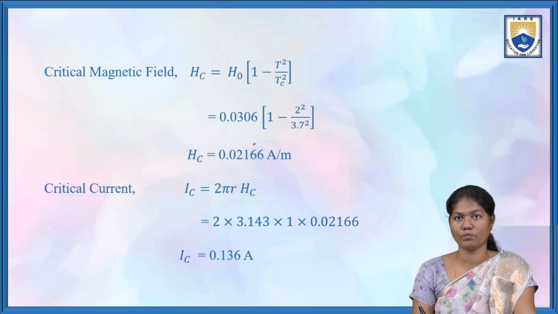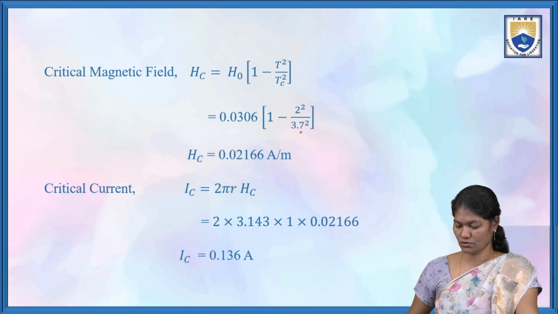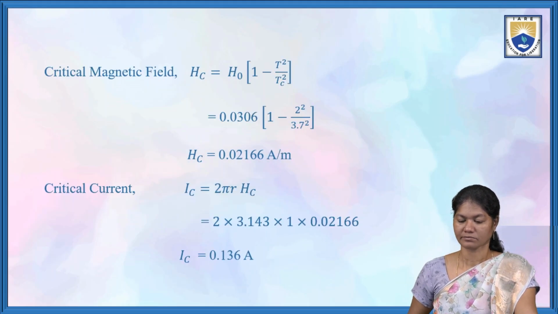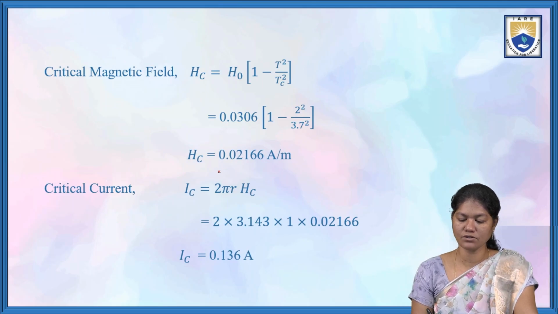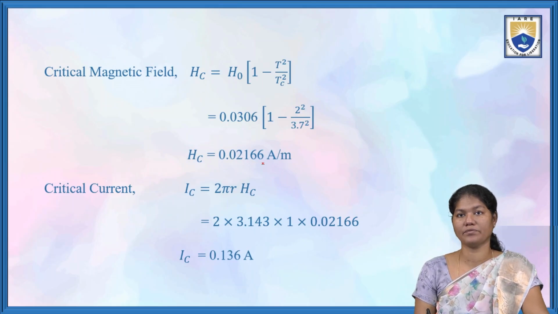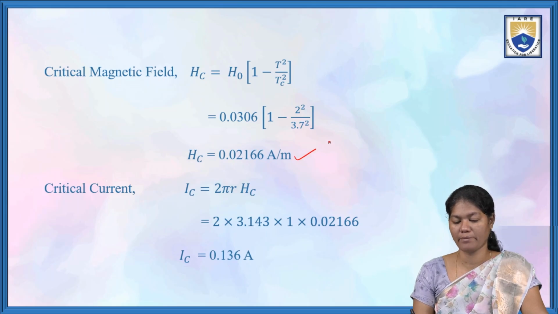So H naught is 0.0306 into 1 minus 2 square by 3.7 square. So here Hc is equal to 0.02166 ampere per meter.